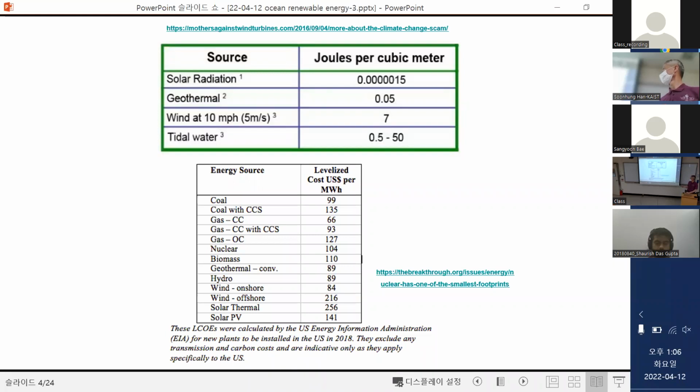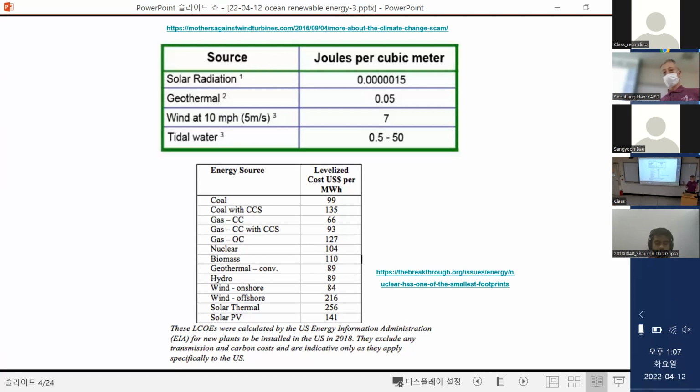Here wind is cheaper, very cheap, comparable to gas and coal. Then onshore and offshore: offshore is much more expensive than onshore, but it's debatable because the size should also be included. Typically an onshore wind turbine is much smaller than an offshore one.